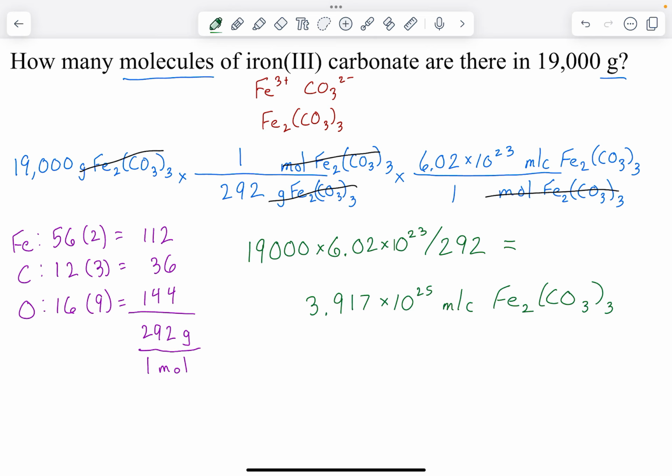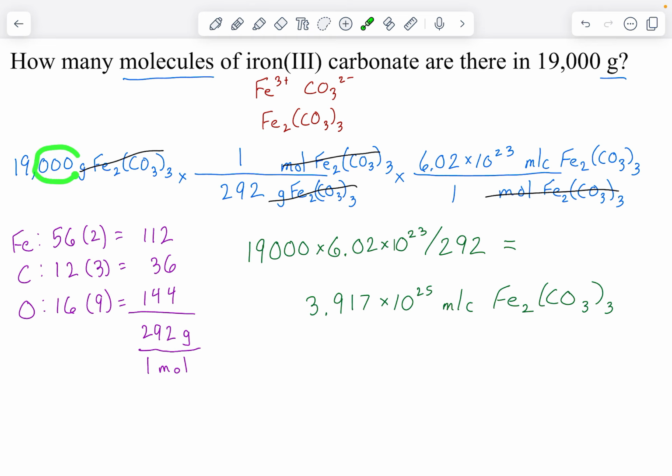But you know you're not done here with the calculation because we have to watch significant figures. Remember, formula mass and Avogadro's number don't count as measured values for us, so they don't count for sig figs. Only this 19,000 grams, which is right around 40 pounds or so, it's quite a bit, has 2 sig figs.